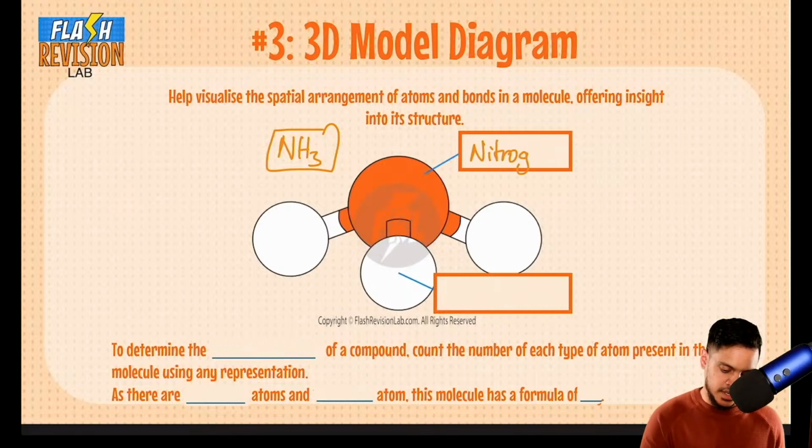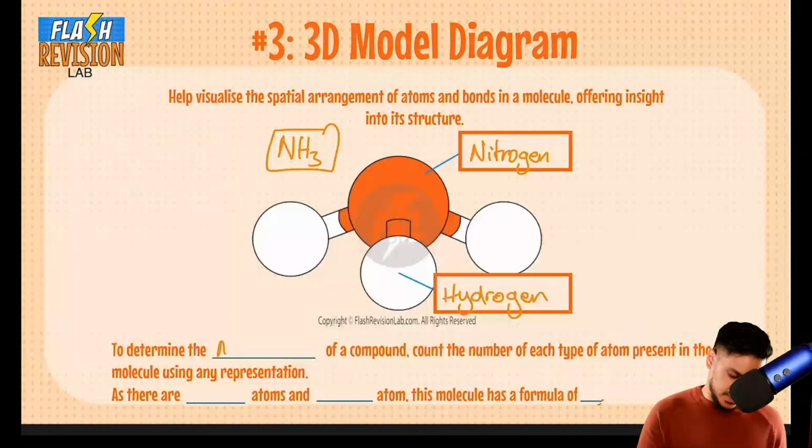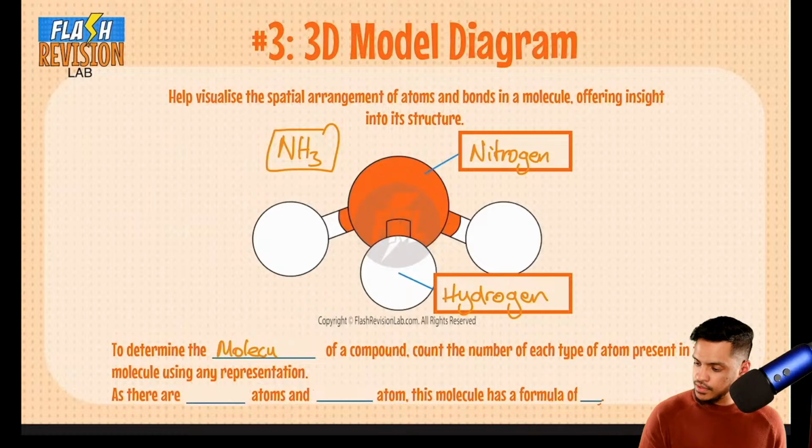So this is a nitrogen atom, and this is a hydrogen atom. And if you want to determine the molecular formula, no one knows? The molecular formula of a compound: count the number of each type of atom present.